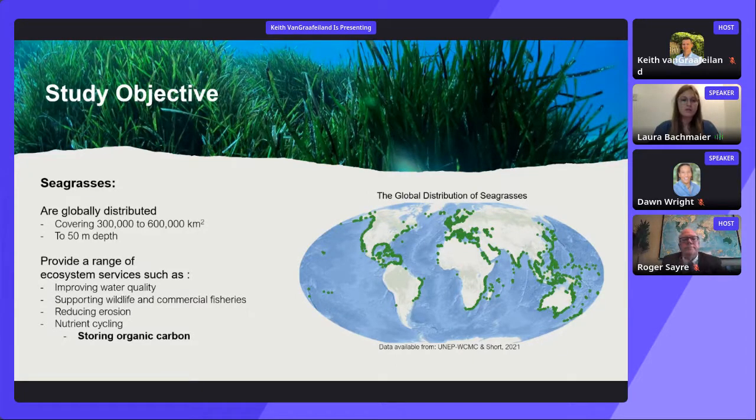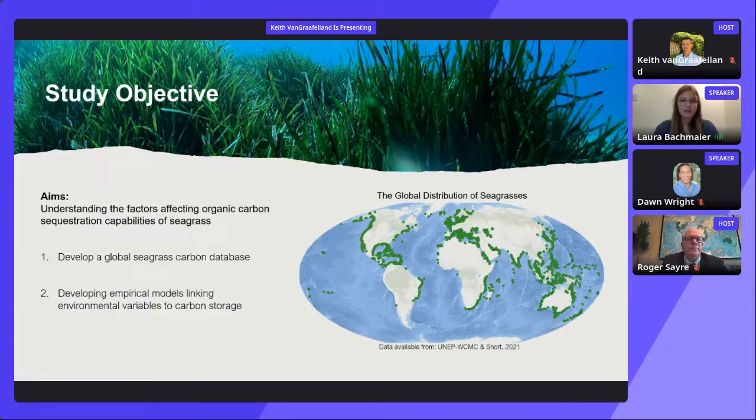And here it can be efficiently sequestered, which means to be removed from the atmosphere permanently, if sediment layers bury the carbon, and microbial communities which live in that sediment don't respire that organic carbon back into CO2. Unfortunately, the roots of seagrasses create anoxic environments where very few microbes can survive, allowing them to act as carbon sequesters. But how effectively they do this and what factors control higher carbon storage is still very much debated. Next slide, please.